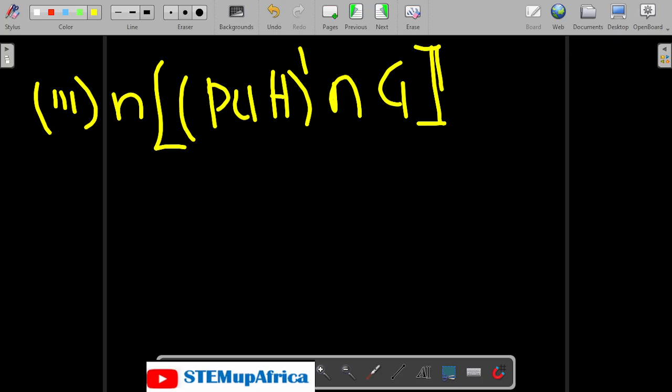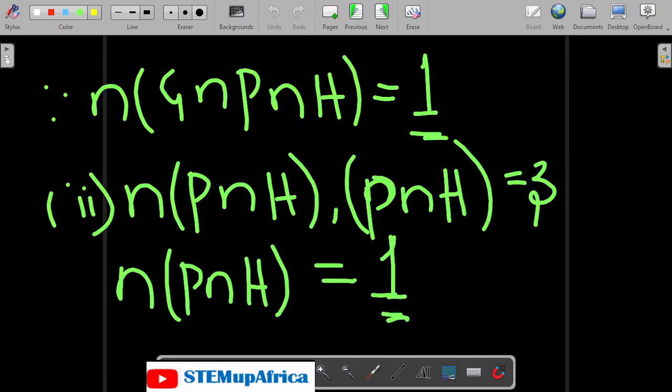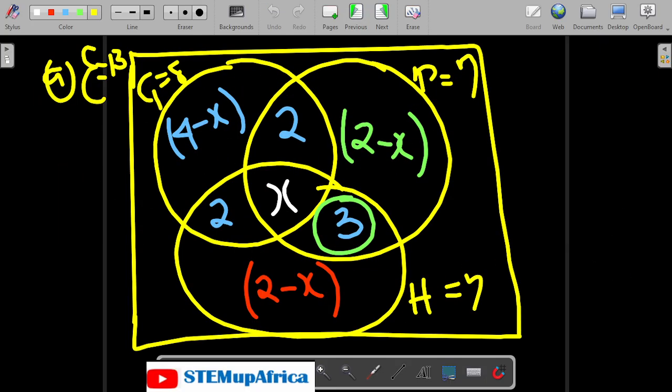So let's first of all get our P union H. I have to go back to the diagram. With x as 1, here becomes 3, here becomes 1, here becomes 1 also, here becomes 1.